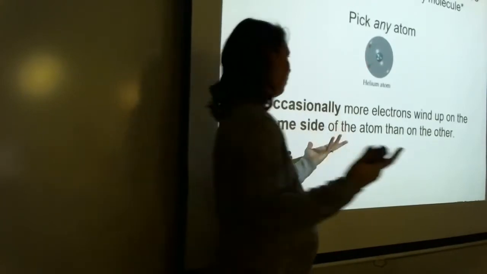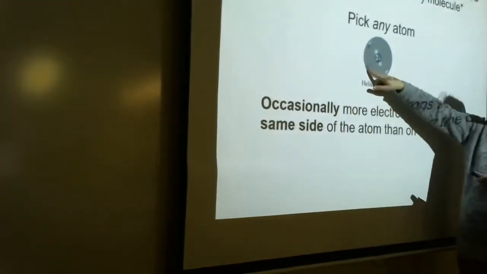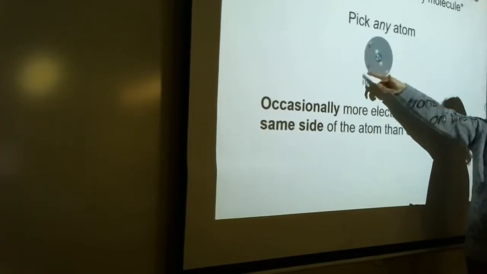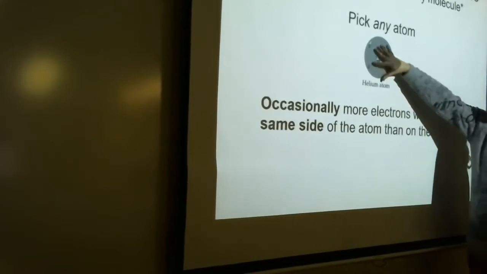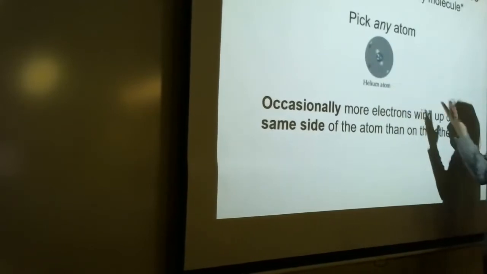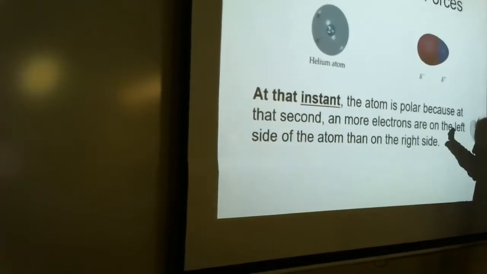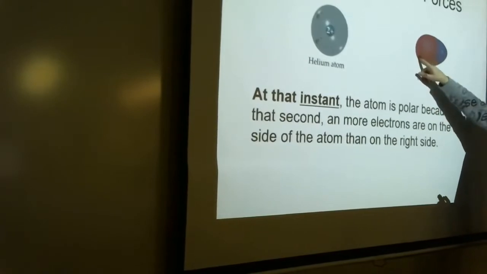In terms of simple probability, is it probable that at some point in time both electrons could be on the same side of the atom for a split second? Sure, that's just basic probability. There could be 2 electrons on the same side for that split second because they're going to be moving.